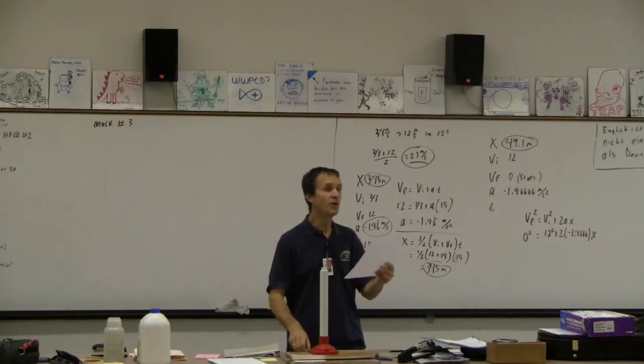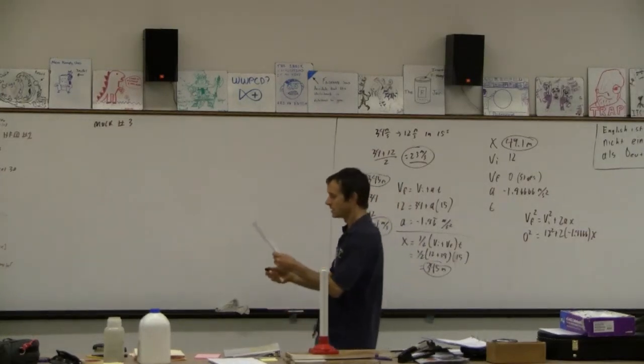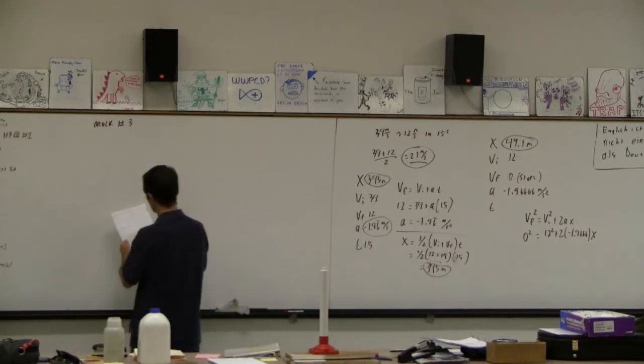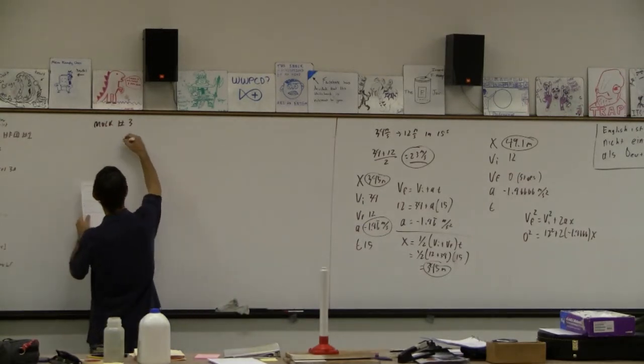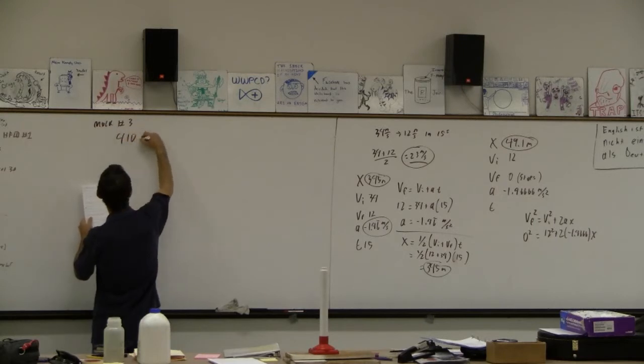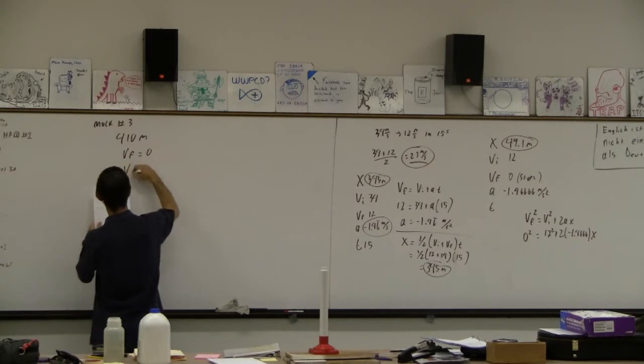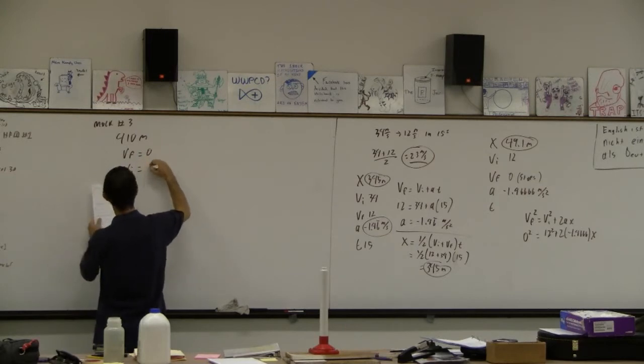This is the third question on the mock test. An airplane lands and slows to a stop uniformly over a distance of 410 meters. The final velocity is 0 because it stops. The initial is 84 meters per second.